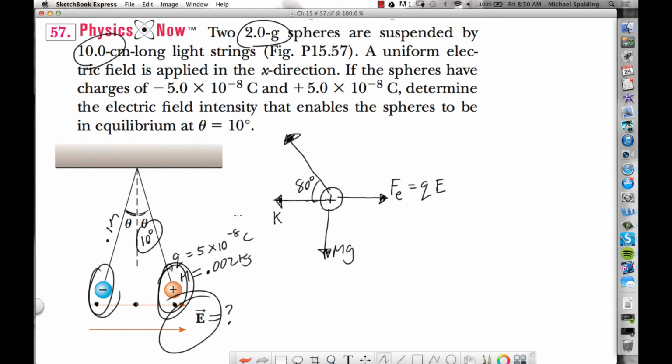But these charges are the same, right? So we could just write kQ squared over r squared. Does that look familiar? So where did that come from? Force between charges is kQQ over r squared. The Q's are the same, so we'll just put Q squared. Okay? That make sense? Charges attract each other.